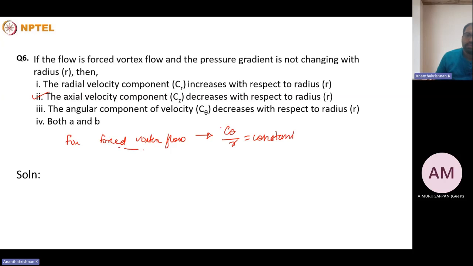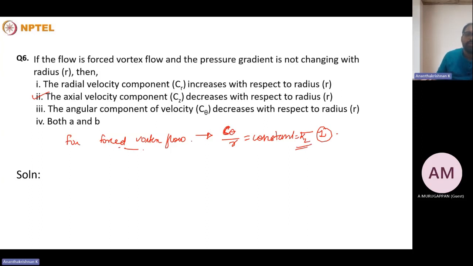So that means that for the case of forced vortex, the tangential component of velocity is a product of radius and a constant. That constant can be angular velocity. So with respect to r, if that angular velocity is constant, C theta, that is the tangential component of the velocity, will increase with respect to r. So this is the first statement, and we can write it with a constant K2 for the time being.